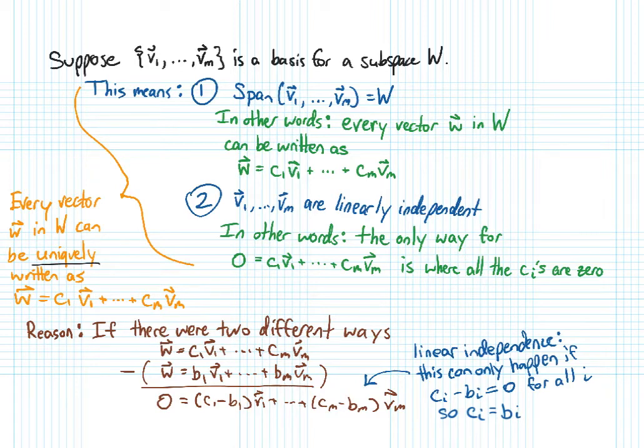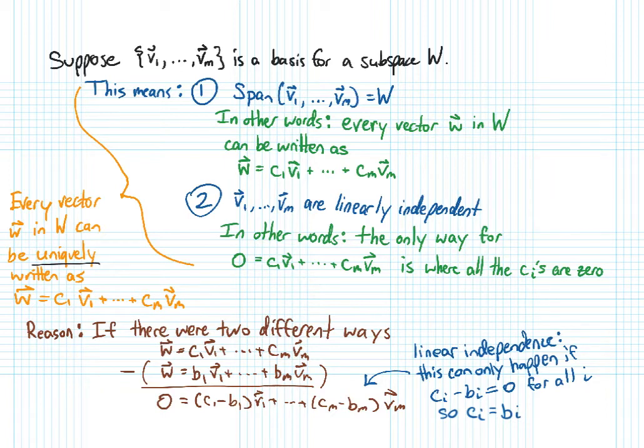So if you go back and look at the previous slide where I was drawing the grids, that's exactly what was happening. You look at a vector, you look at how to write that vector as a combination of the basis vectors, and then you get coordinates for that vector. And hopefully this can give you a better understanding of what spanning and linear independence mean.